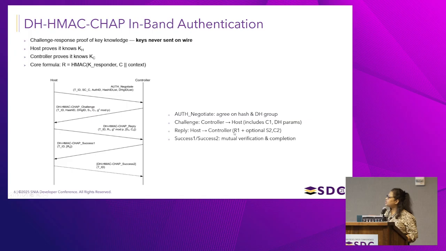In unidirection, the controller will create a challenge using the parameters that were negotiated, and the host will reply with the correct response. And internally, which is not shown here, the controller will go and check this R1 by calculating the R1 based on the host key that it is keeping. And in mutual verification, the same thing is repeated at the host side.